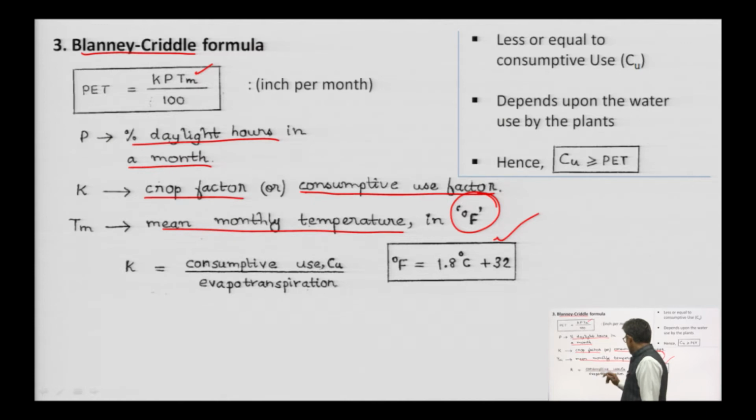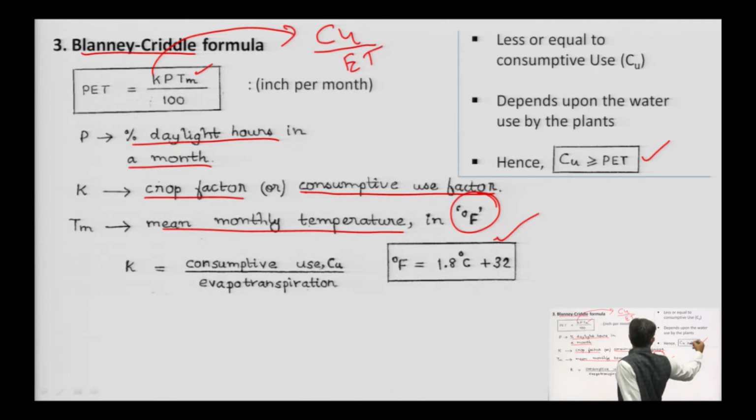This is the value of K. Therefore, consumptive use will always be more than potential evapotranspiration. Writing K as Cu divided by evapotranspiration, Cu will always be more than PET.